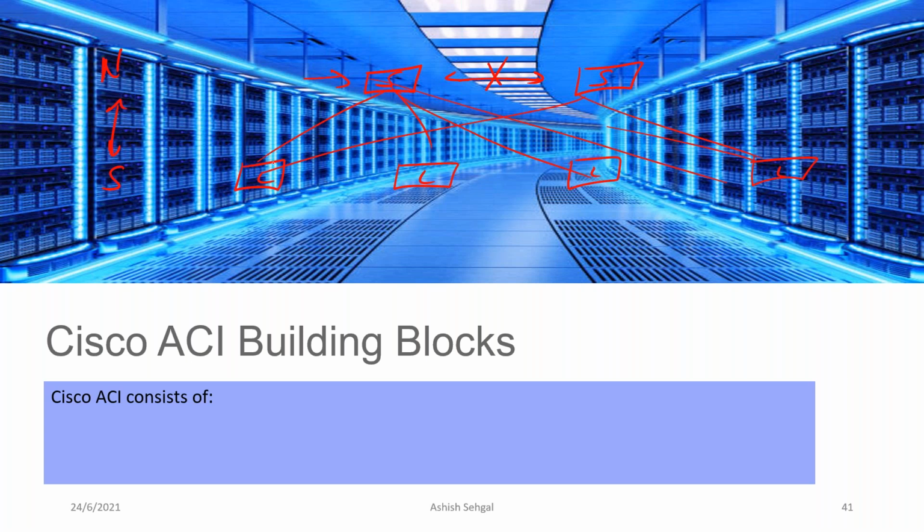Then we discussed that the complete management and configuration of this particular fabric is not on a box by box approach, but is going to be done by a device which is actually a server, and we call it APIC, that is Application Policy Infrastructure Controller. This in a production environment is supposed to be deployed, minimum 3 in a cluster.